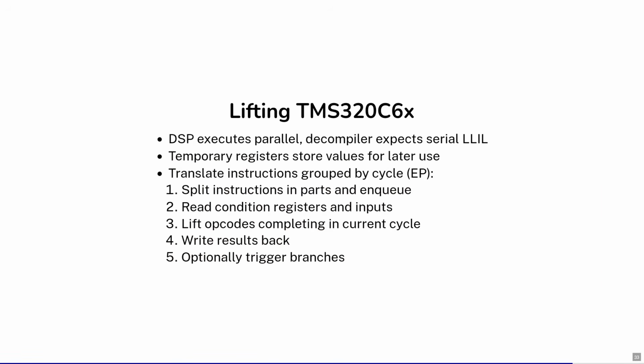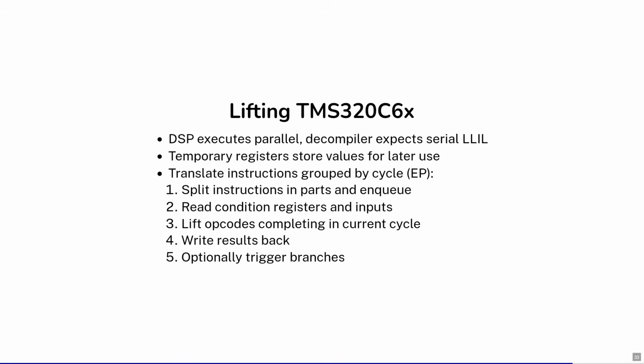And what was the approach that I chose to lift the C6x architecture? Because the DSP executes in parallel, we need to serialize that to low-level IL, because the decompiler expects serial instructions. And I know no better solution than to split each instruction up into multiple parts.